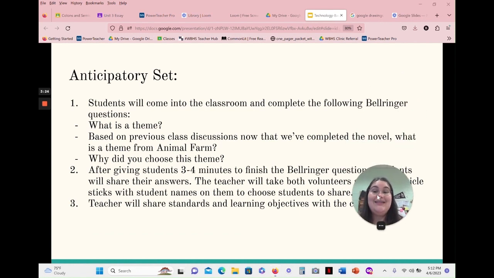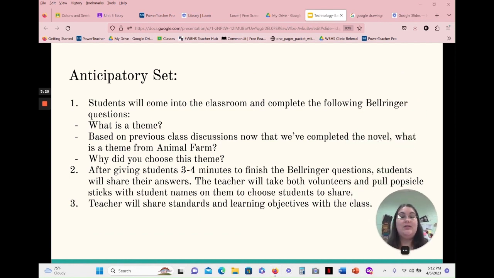Now, to begin this lesson, there is an anticipatory set that starts with a bell ringer, mainly to activate their prior knowledge. I have found with 9th graders, even if we talk about it all year, we always need to remind ourselves what is a theme, because the idea of theme changes from middle school to the 9th grade level where my students are at, where previously they think of themes as topic words like love or kindness or war, whereas when they get to high school, we really have to emphasize theme is not one word.